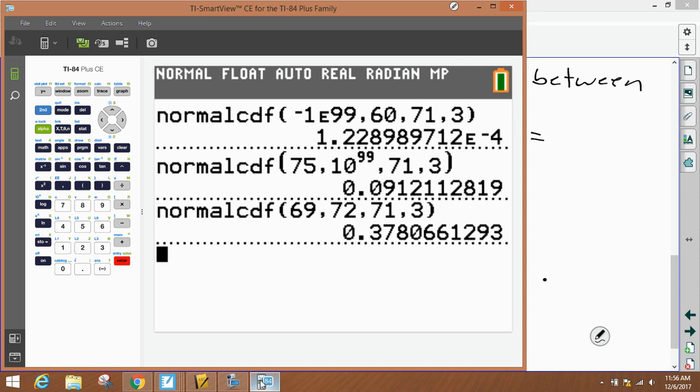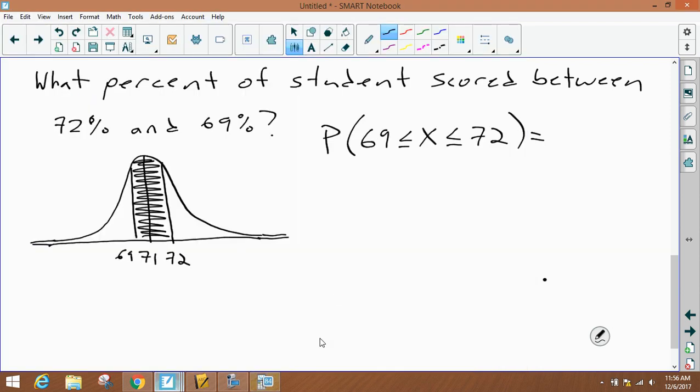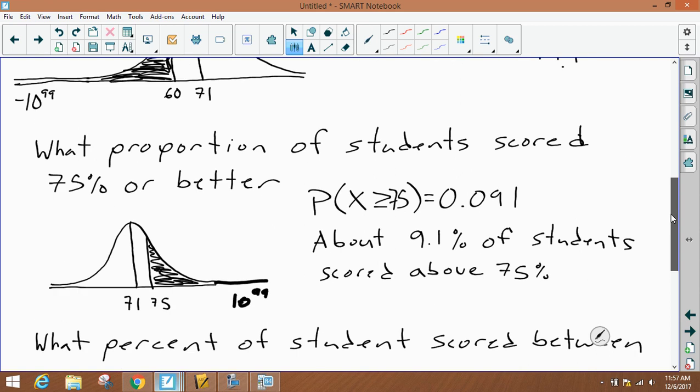The number is 0.378. And we have to say that's approximate, because I did round.